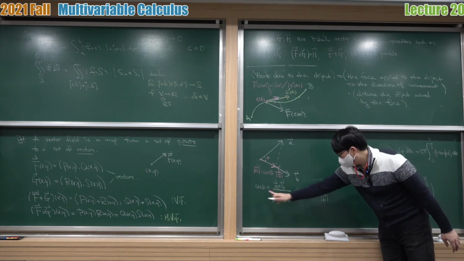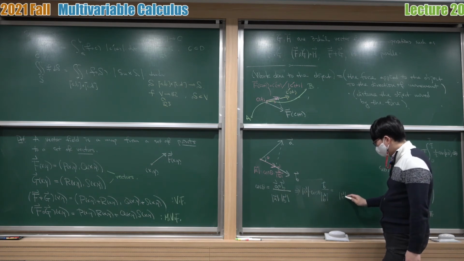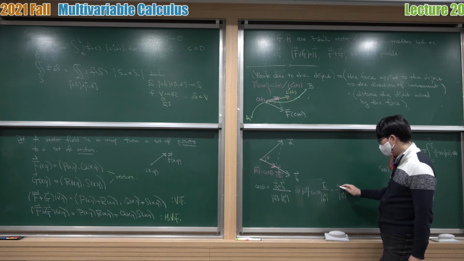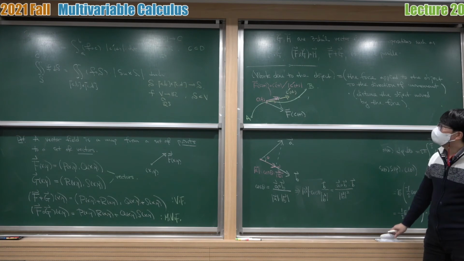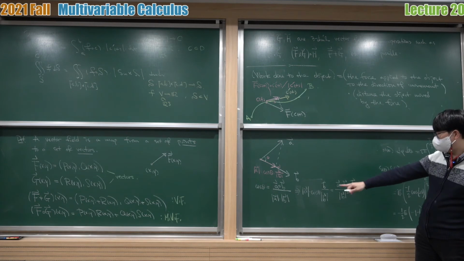If I just substitute cosine with this, it is B squared with A, B, right? Right, so we have A, B, and did I forget something? So we have A, B, B, right?